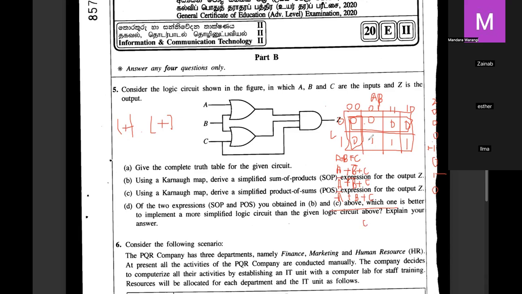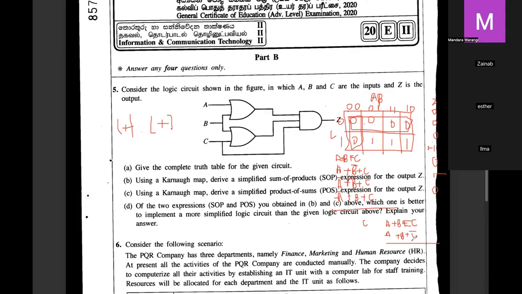And this is A plus B plus C, and A plus B, and C has 1, which means C bar.